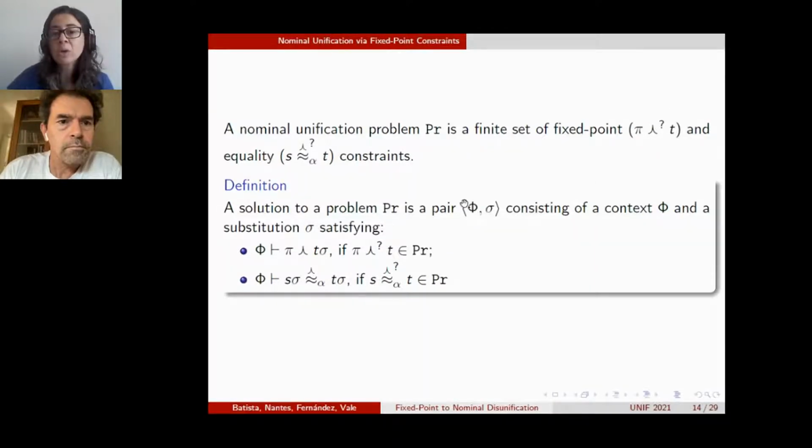So if you have a problem PR that has fixed point constraints and equality constraints, a solution would be a fixed point context and a substitution, such that the context phi proves that sigma satisfies each fixed point constraint in the problem, and phi makes the equalities hold for each equation in the problem.